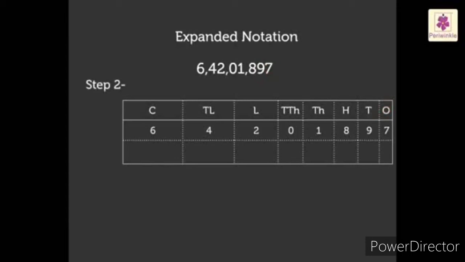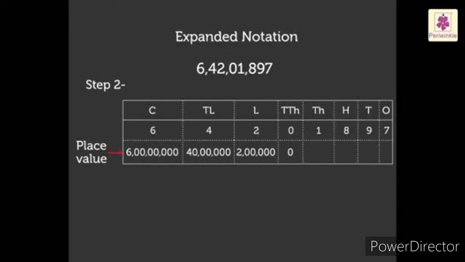Step 2. We find the place value of each digit. The place value of 6 is 6 crore. The place value of 4 is 40 lakh. The place value of 2 is 2 lakh. The place value of 0 is 0.